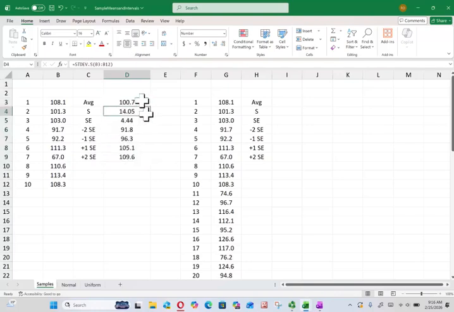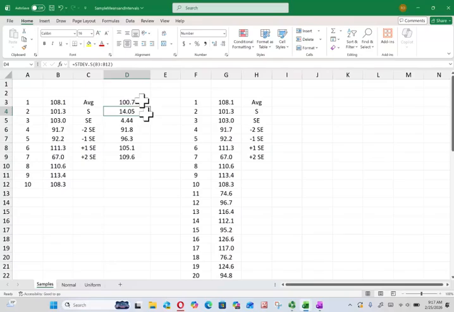So here's my bet. The real population mean is between 91.8 and 109.6, 2 down and 2 up, with 95% odds.